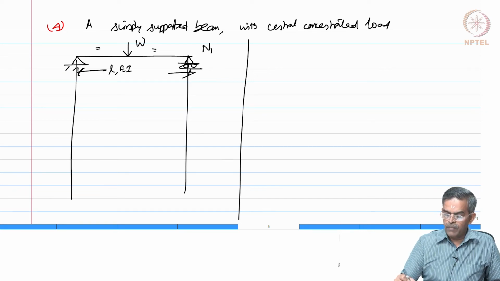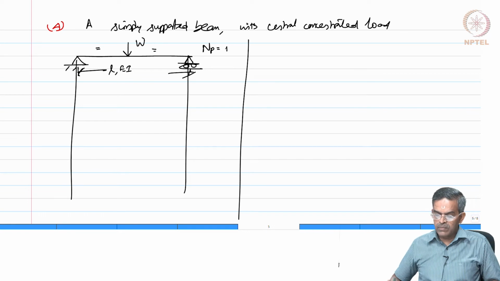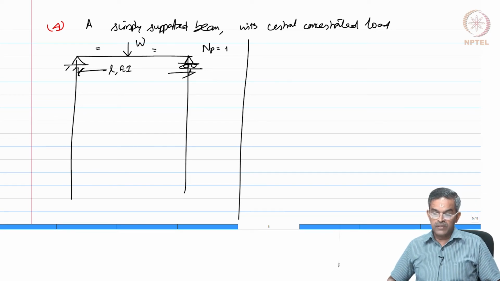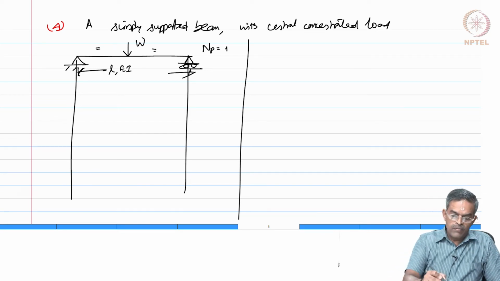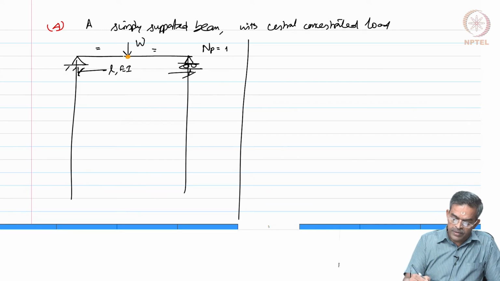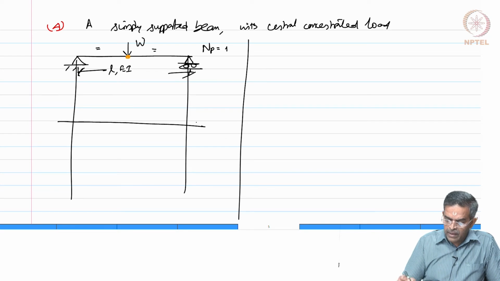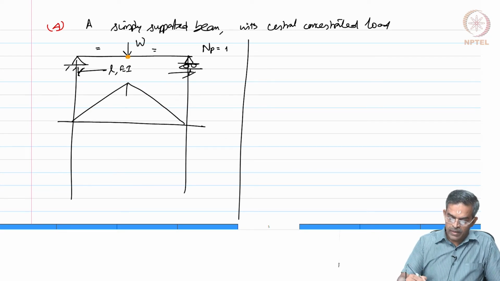We know the number of plastic hinges required for this problem is 1, because the degree of indeterminacy is 0, and that will be forming the hinge at this point. Let us draw the statically admissible bending moment diagram, which will be this, and this value is W L by 4.